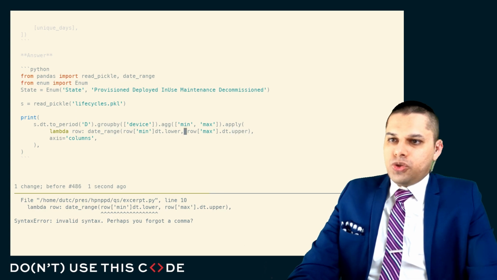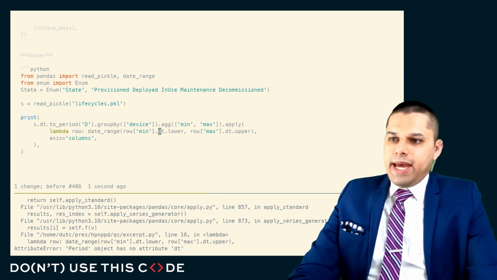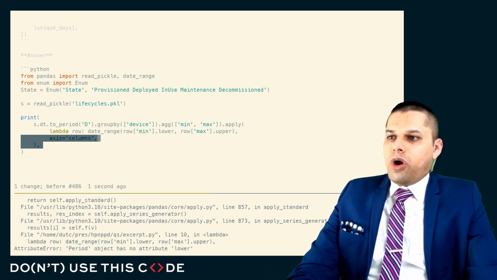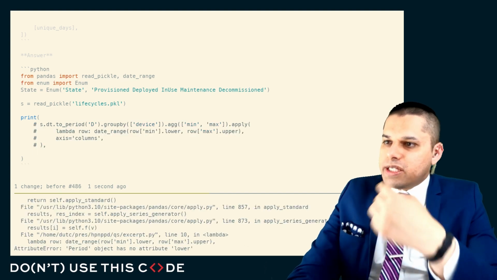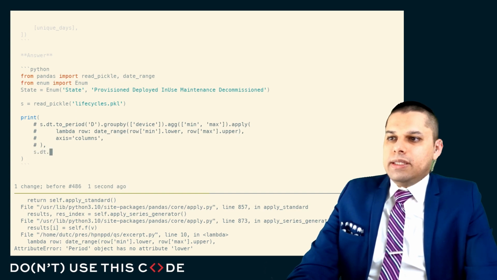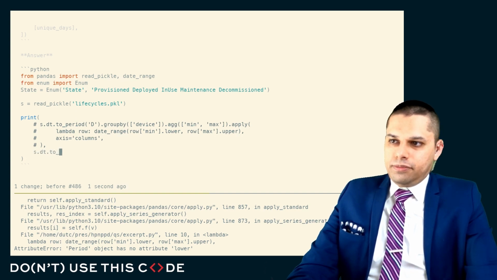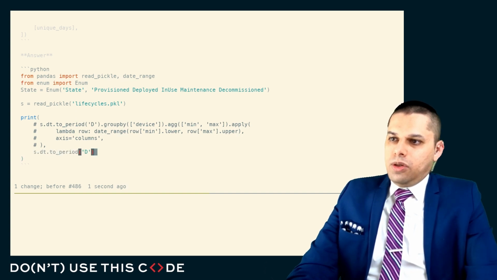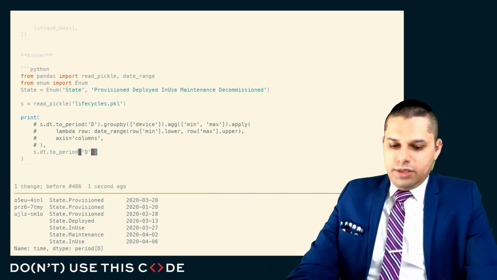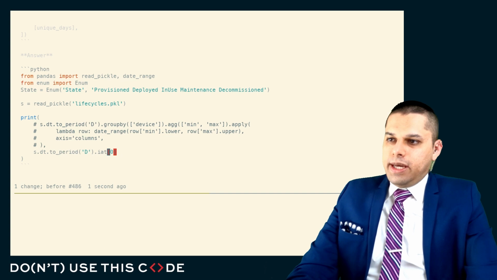Let's, of course, make sure that we do it like that. Very good. By the way, this is just like that and that. Let's figure out for our period object what that looks like. And so s.dt.to_period('D'). We'll look at one of these. And I'm going to do an iat to get one of these objects. And then let's see, what's our lower bound?